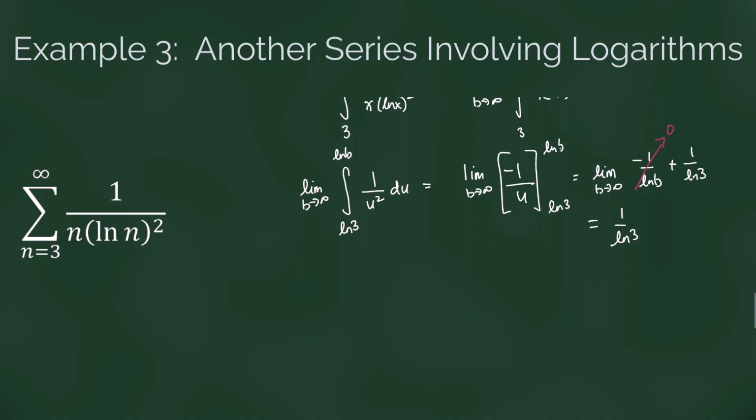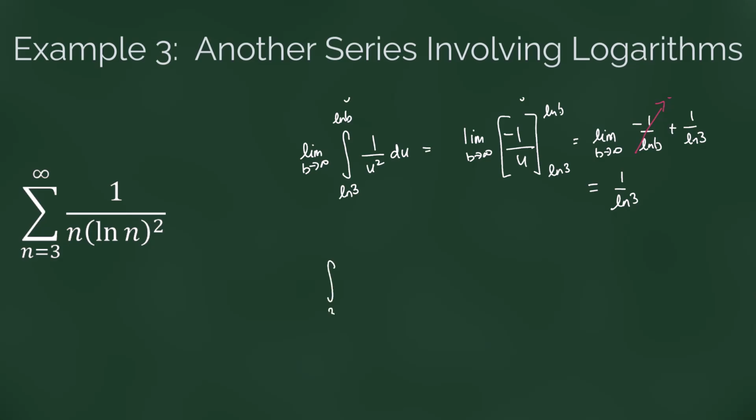So we now know that the integral from 3 to infinity of f of x dx converges. So the sum from n equals 3 to infinity of 1 over n natural log of n squared also converges.